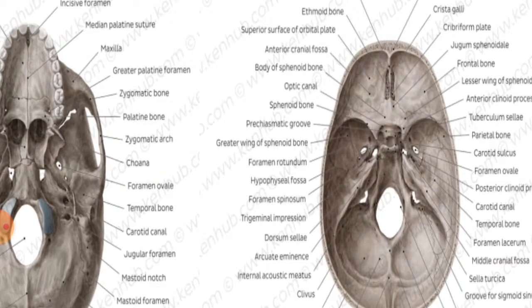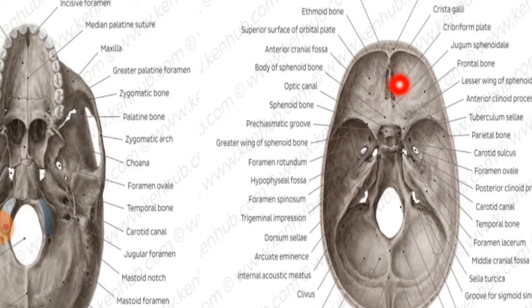This is the cribriform plate of the ethmoid bone, the horizontal plate of the ethmoid bone, and you can appreciate small holes in it from where the olfactory nerve passes from the nasal cavity into the brain.